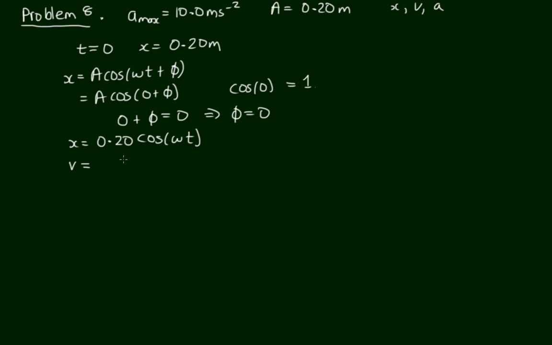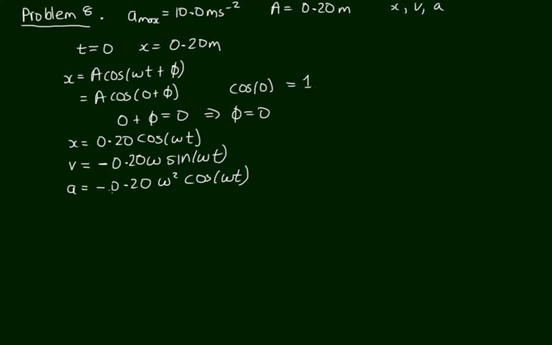So the velocity is the derivative of this, or if you don't know how to do derivatives, remember that it is equal to negative the amplitude times omega sine omega t, and then the acceleration is the derivative of this, which ends up being minus 0.20 omega squared cos omega t.